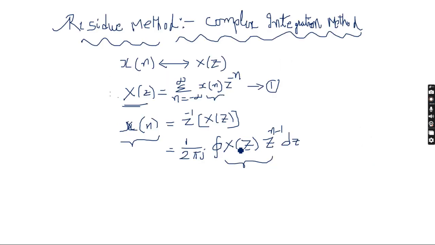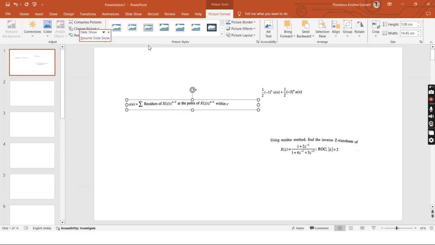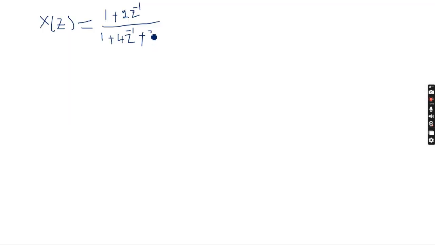Okay, first one, what is the expression: 1 plus 2 z power minus 1. So the given X of z, first you have to write down X of z equal to 1 plus 2 z power minus 1 by 1 plus 4 z power minus 1 plus 3 z to the power of minus 2.